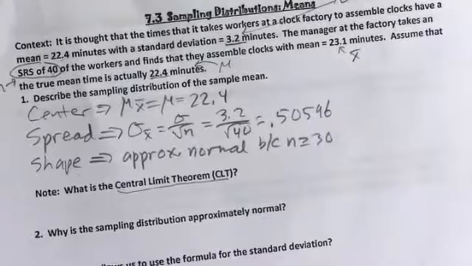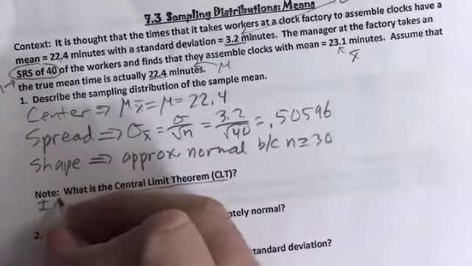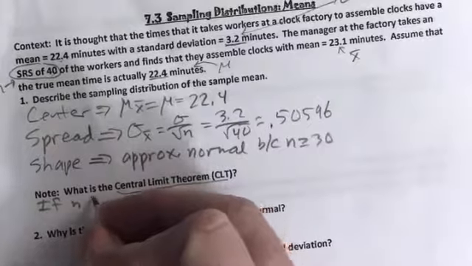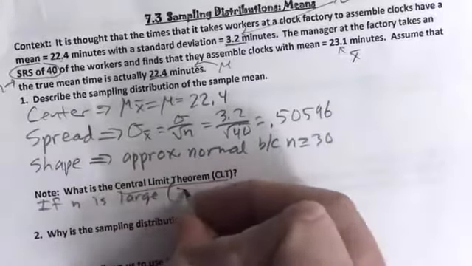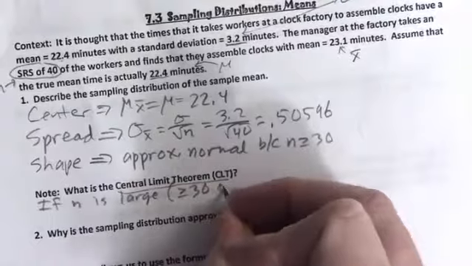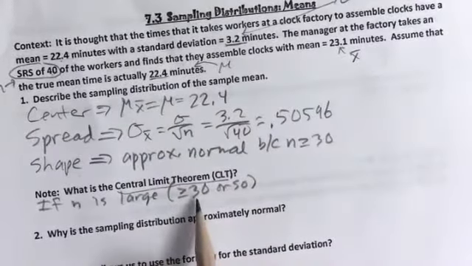What is the central limit theorem? Here's what it says. If your sample size is large, if your n is large, and by large we mean greater than or equal to 30 or so. That differs from book to book, but in the world of AP stats, we've decided upon 30.